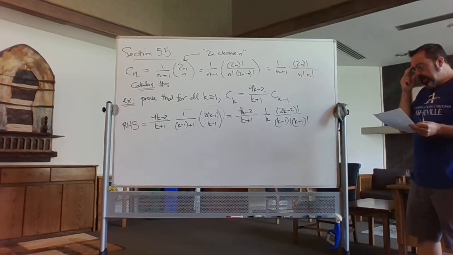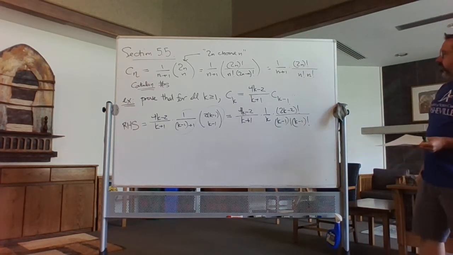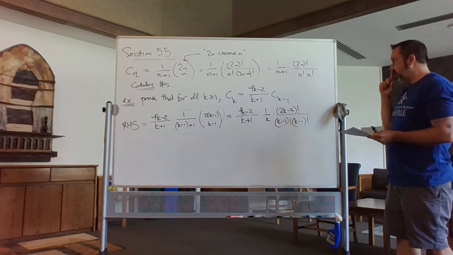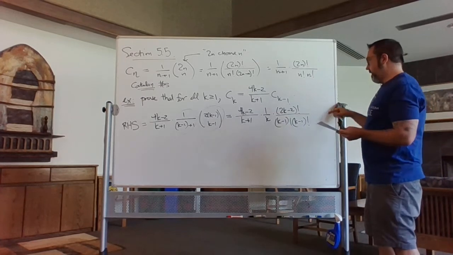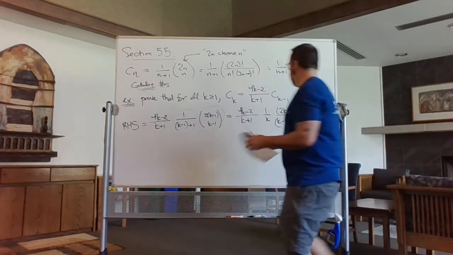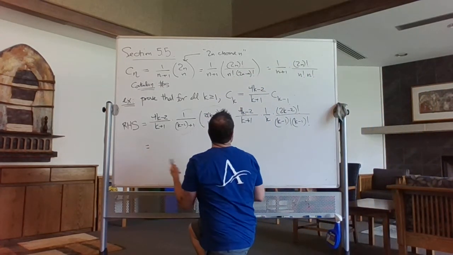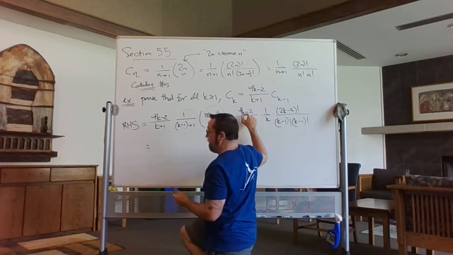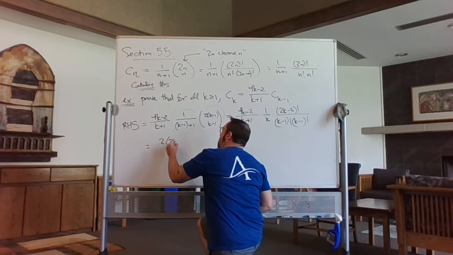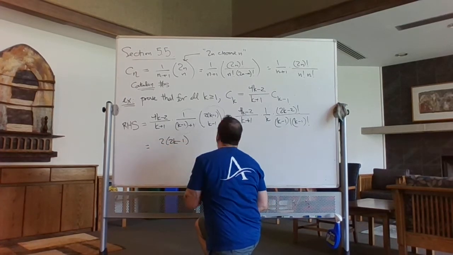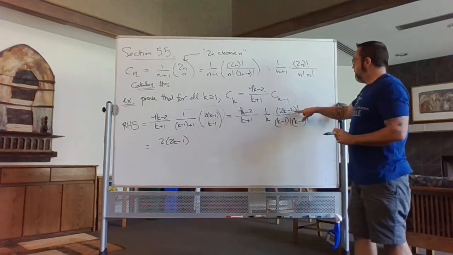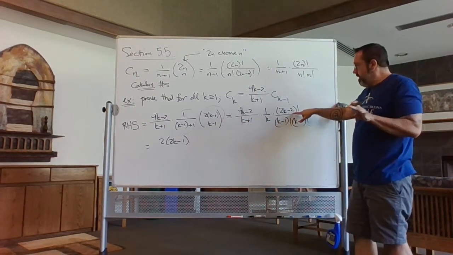Now I'm just going to do a little bit of rearranging here. Let's see what I want to do. In the top, what I'm going to do is I'm actually going to factor a 2 out of this. And you might see when I factor that 2 out why I do that, because now factoring the 2 out makes that look a lot more like this. Not quite, but pretty close.